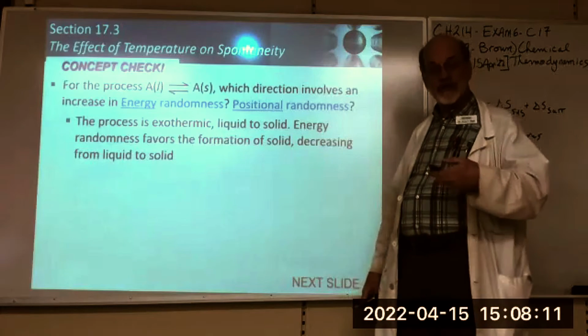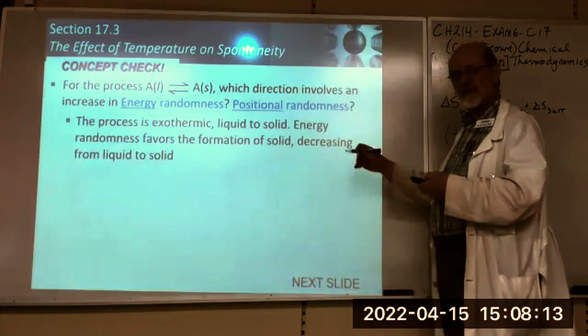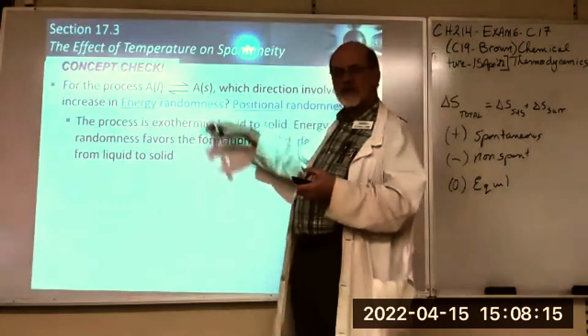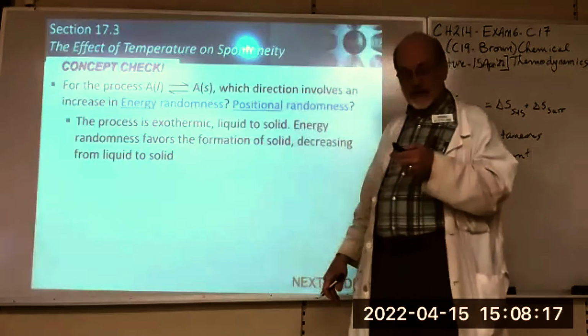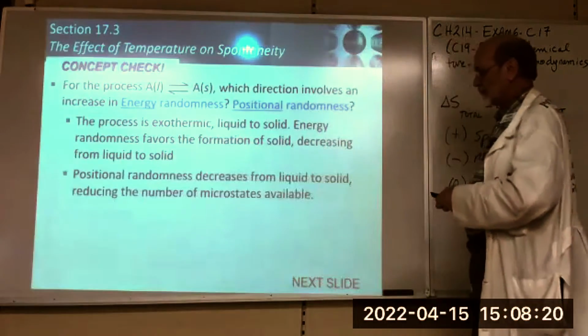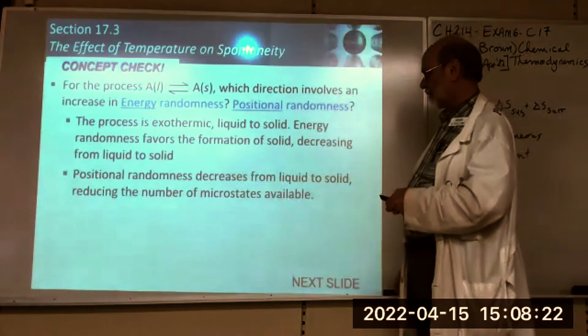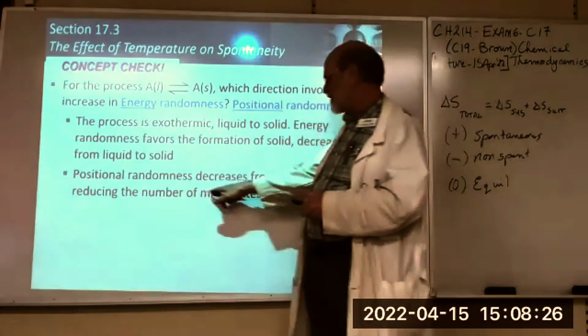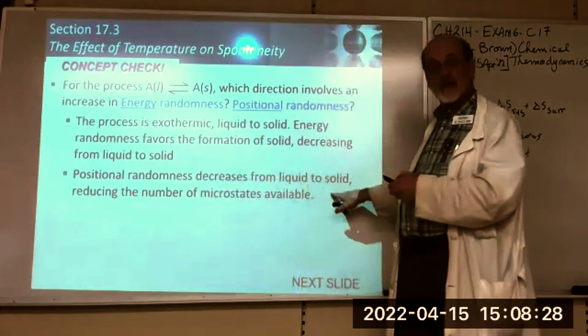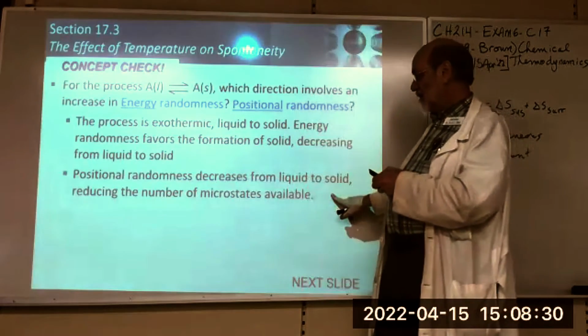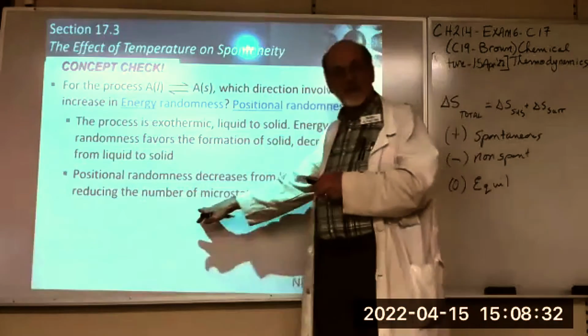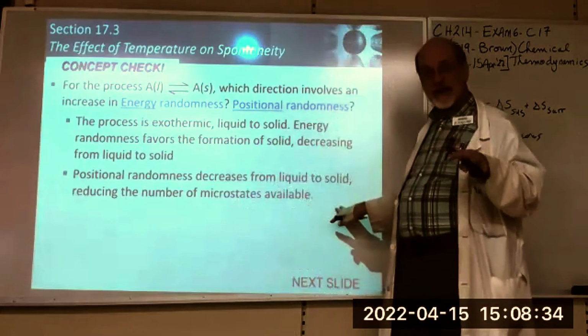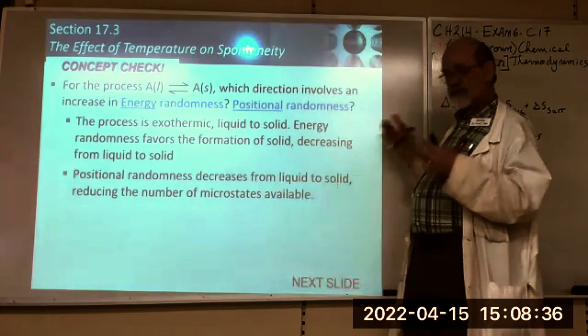Because there are more microstates. So there's kind of a tug of war between energy randomness and positional randomness. And the positional randomness decreases from liquid to solid. That reduces the number of microstates, and that's unfavorable in terms of entropy.